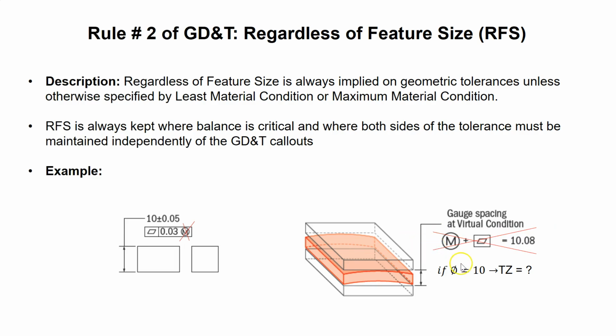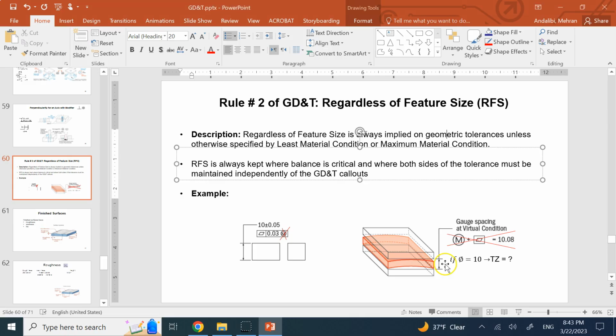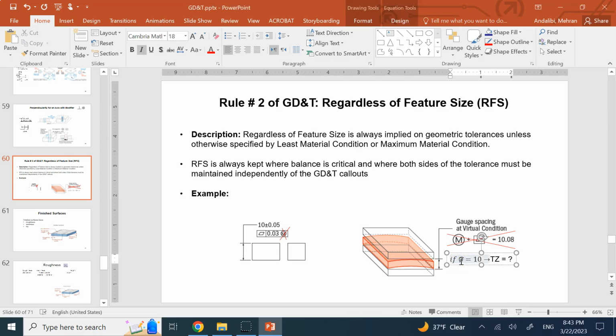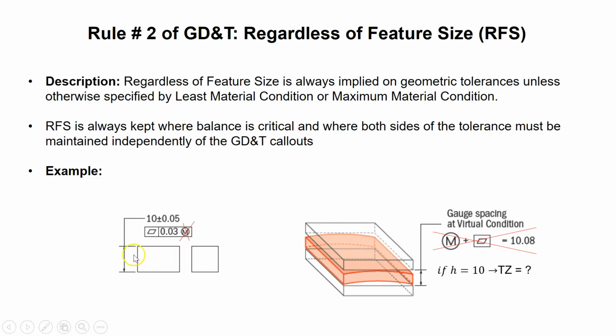So if I make the dimension, not the diameter, because that's an H in this case, let's call this H. If this H is made exactly 10, what is going to be the tolerance zone here, right? How much is it if I make it 10?